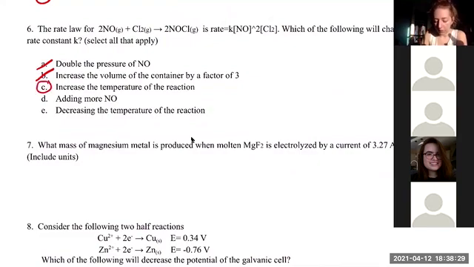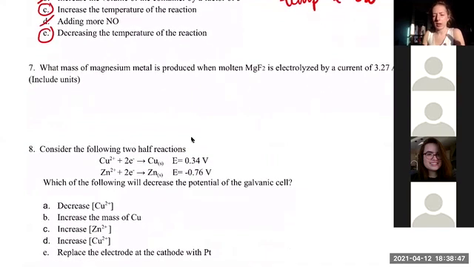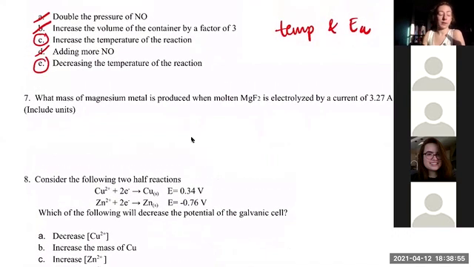So temperature is important. Increasing the concentration won't do anything. And the last one, decreasing the temperature. Again, temperature is important. So temperature and activation energy are the only things that can influence K. You might ask about the Arrhenius factor. That is an experimentally determined constant to compensate for that calculation, and so that is different for every single reaction.